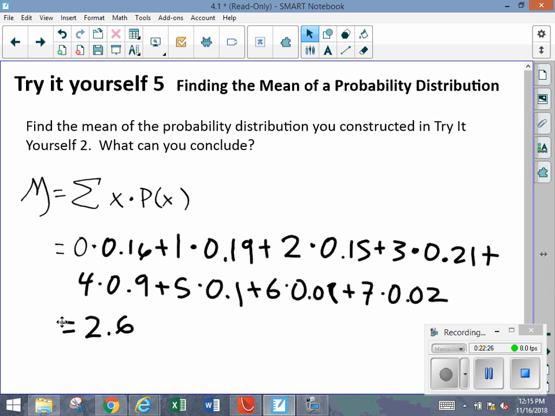On an average day, how many sales would you expect this guy to make based on his 100 days of sale? 2.6. That's what that says, right? So the mean of this probability distribution is telling you how many sales on an average day you expect this guy to make. 2.6.